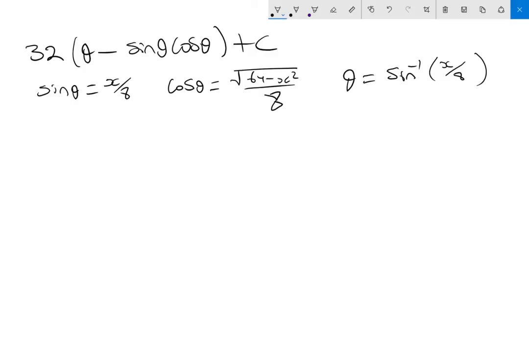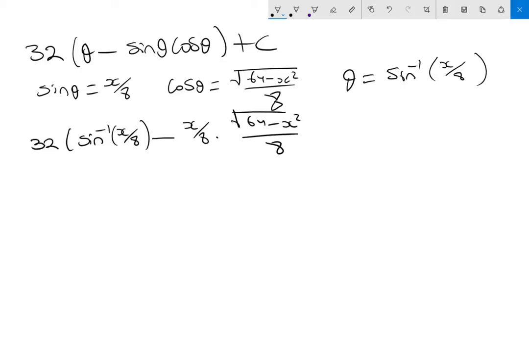And by subbing those, we're going to have it like this, and this is just x over 8 minus x over 8 times root 64 minus x squared over 8, sorry guys.